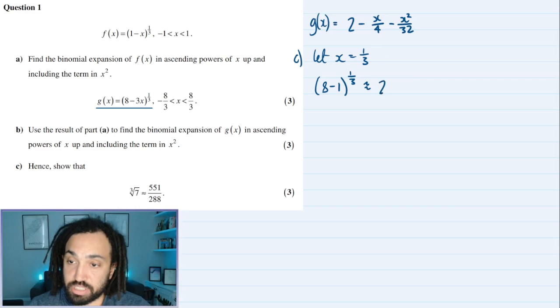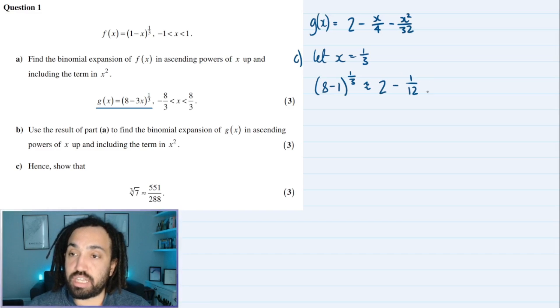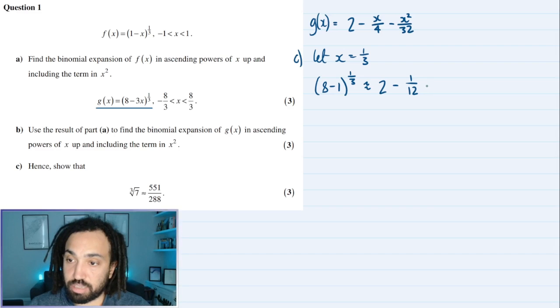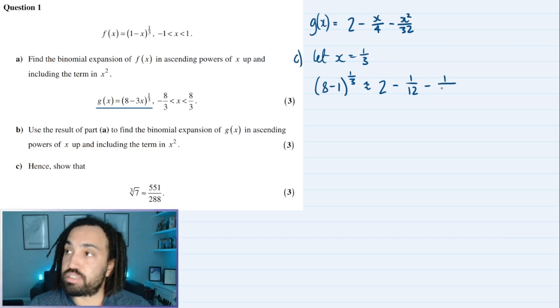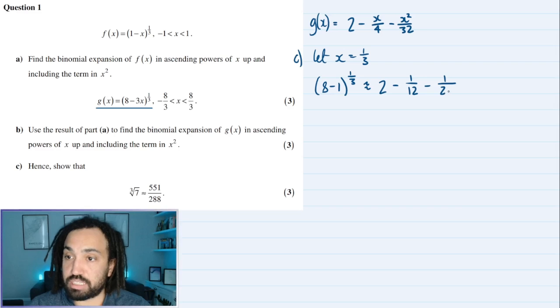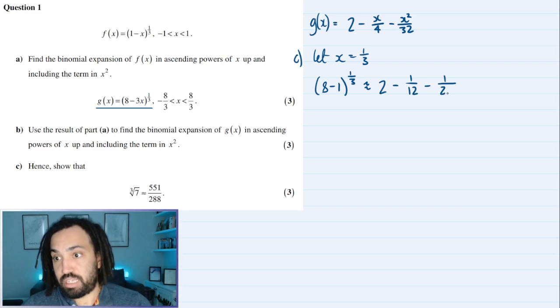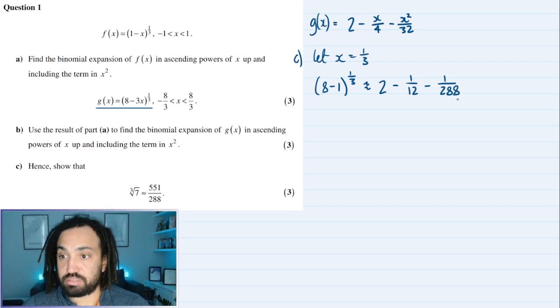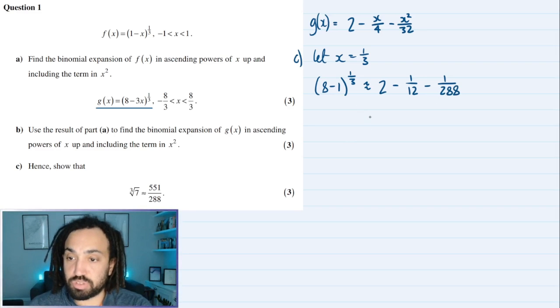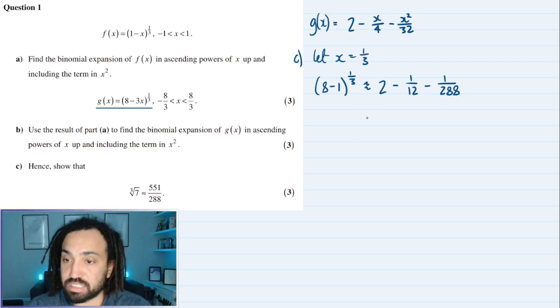this side here, which is 2 minus, okay, if x is a third, then x over 4 is a 12th, and if x is a third, then x squared is a ninth, and 9 times 32 is 288. Yes, that's right. I'm trying to do this all without a calculator, just for practice. So this gives me the cube root of 7, which is exactly what we're trying to estimate.